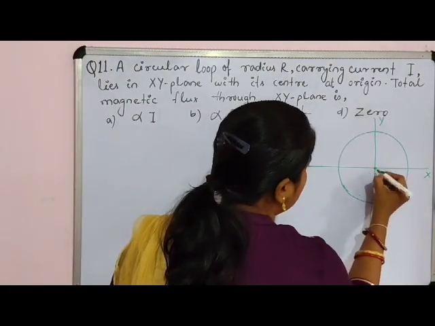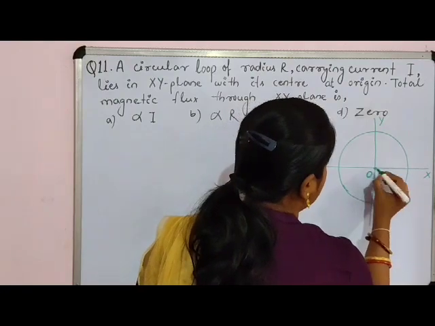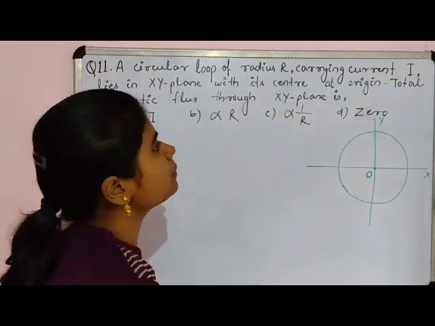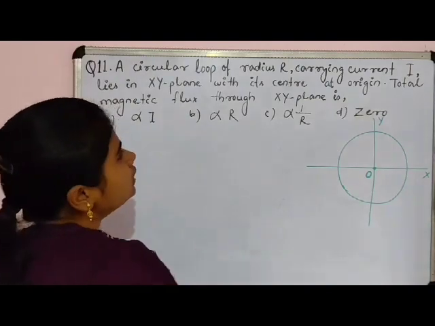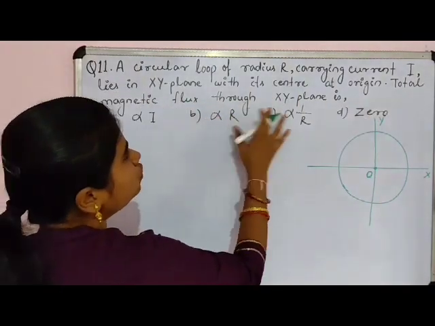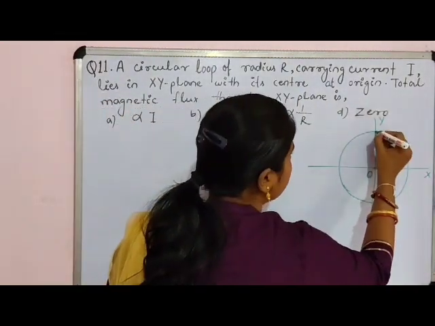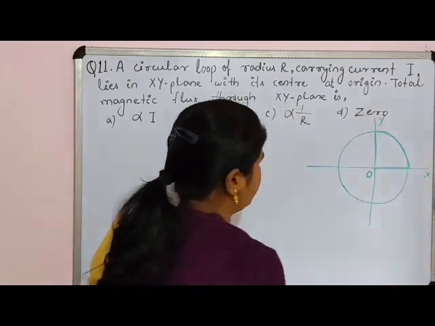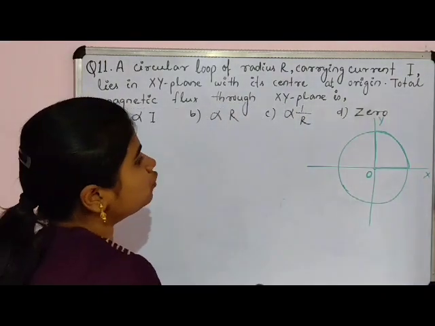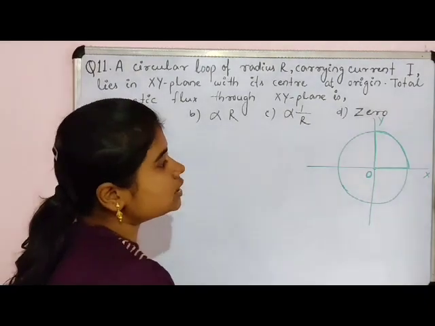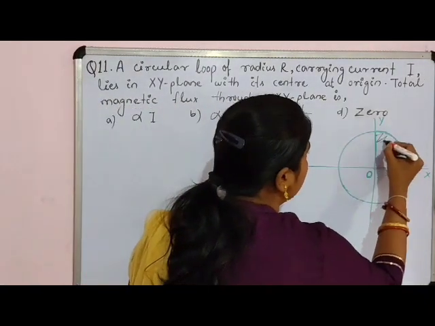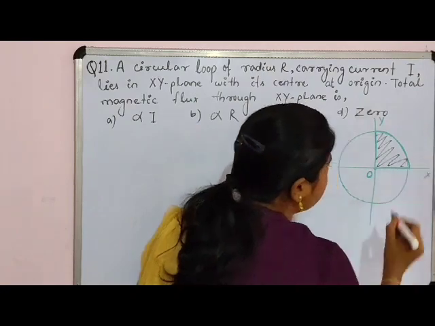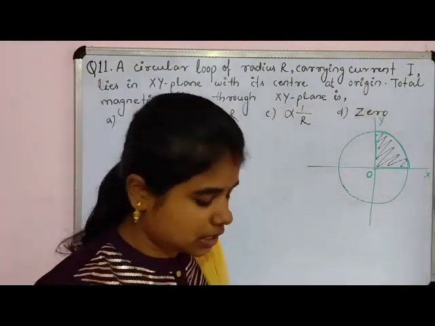The center of the circular loop is at the center of the coordinate axes as well, as it is given. The next part is saying the total magnetic flux through the xy plane. That means we need to find out the flux through this part only. Getting my point? We don't need to find out the flux for the total circular part. We need to find out up to this portion, that is in the xy plane.